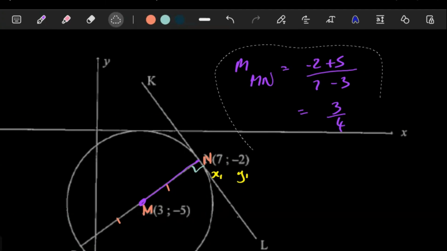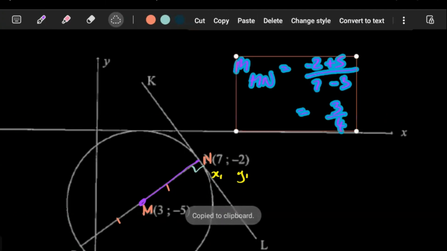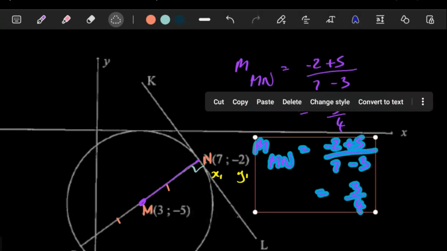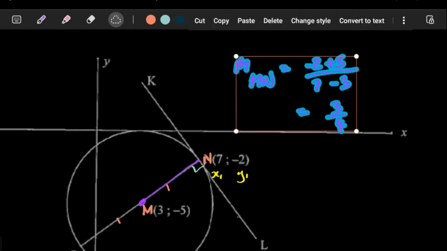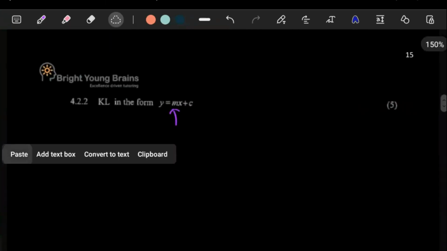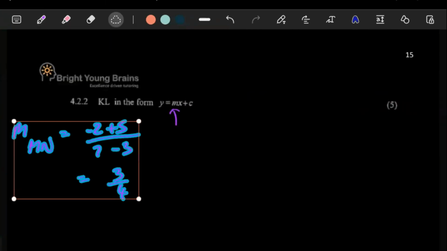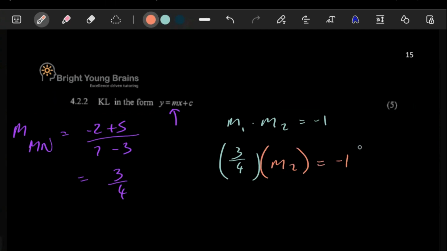And then this is everything to get the gradient of MN. We don't want the gradient of MN, we want the gradient of KL, but this can help us with that. So the gradient of KL, let's work it out down here. You can simply say m1 times m2 equal to negative 1. m1 is 3 over 4, and over here we have m2, negative 1.